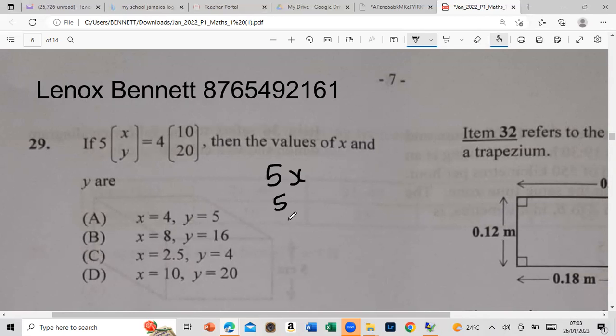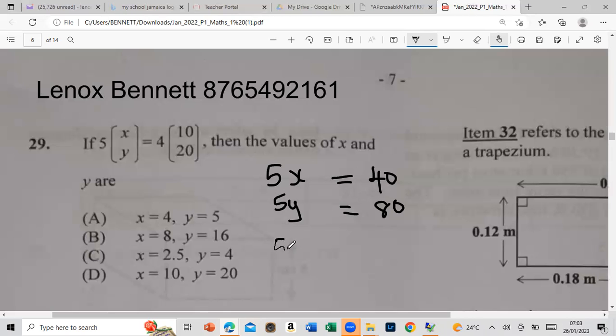Very important is we're going to find out the answer for this. So 4 times 10, that's 40, so you can basically equate this. And then 4 times 20 equals 80.